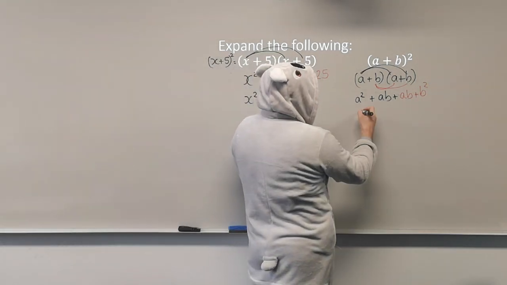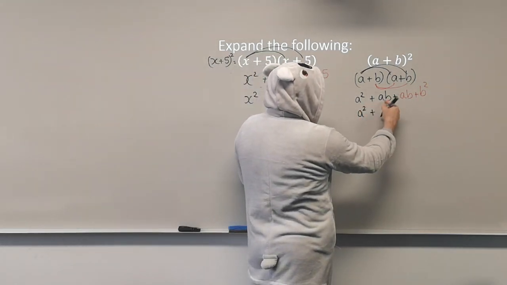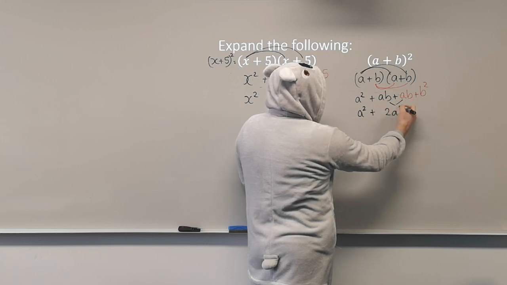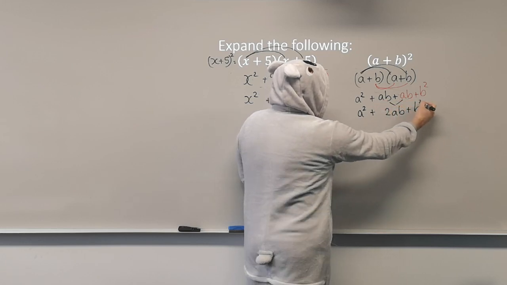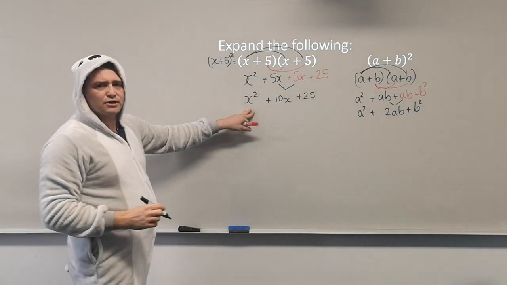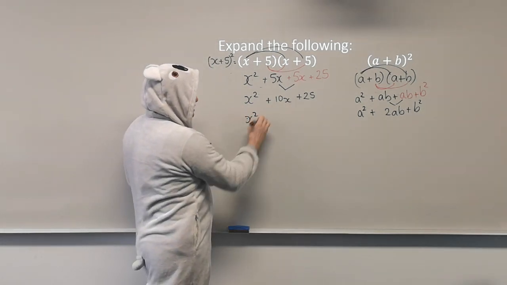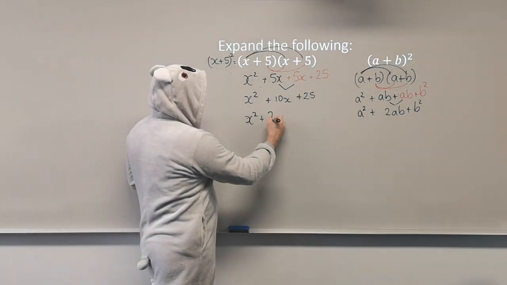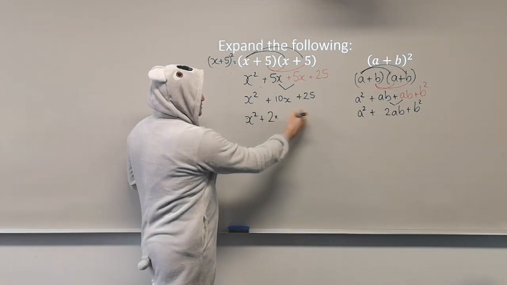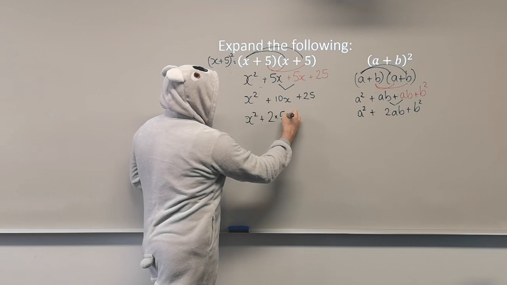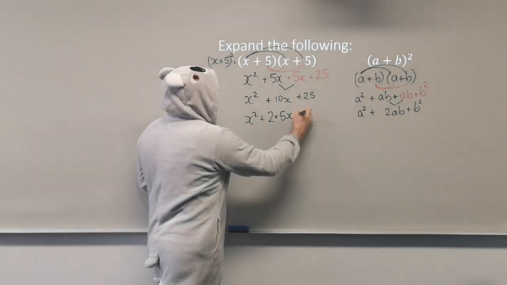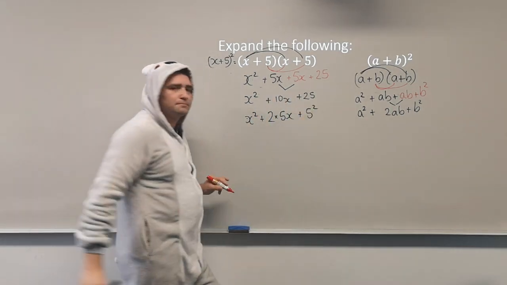So we've got a squared plus 2 lots of ab plus b squared. Let's bring it back to over here. So we've got our a squared, x squared, plus 2 lots of ab, so 5x, plus 5 squared.